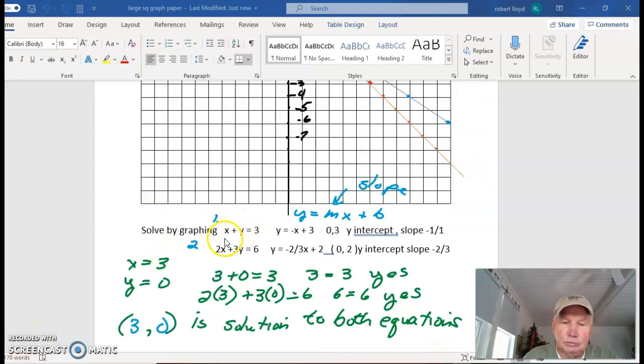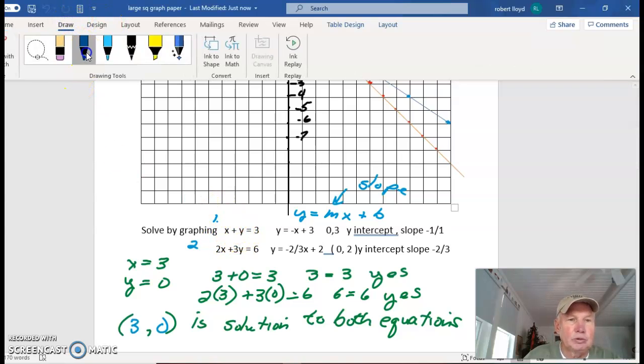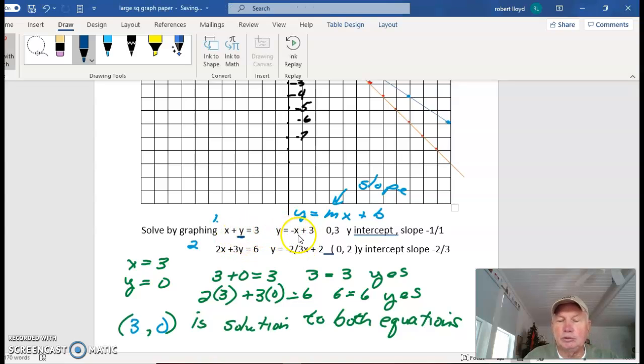Okay, here's our first equation. If we solve it for y, y equals negative x plus 3. So negative x means it's negative 1 over 1x.